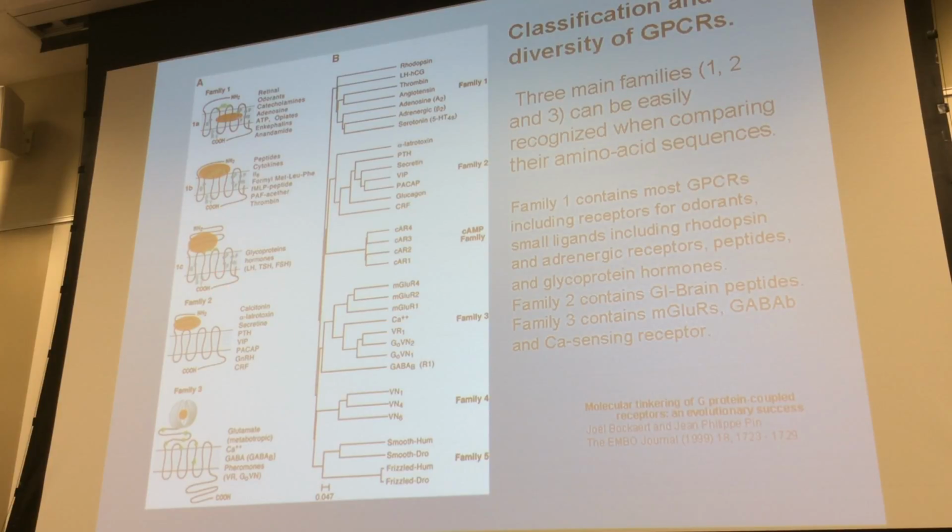Then we have family 2. This was a family that is largely gut hormone receptors, and these are binding, since they're all N-terminal rather than inside the cell.